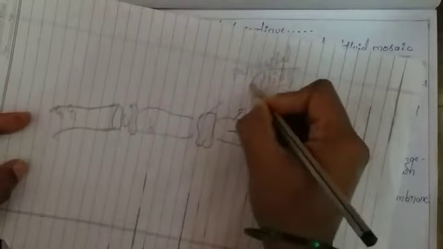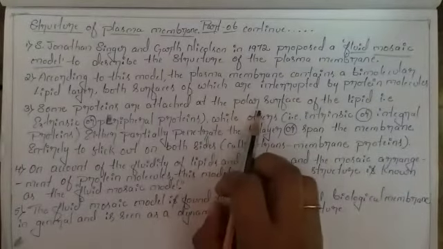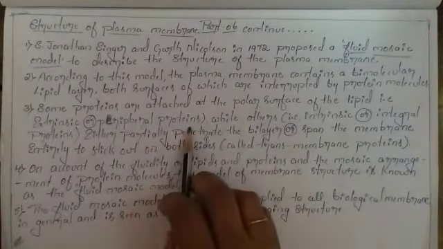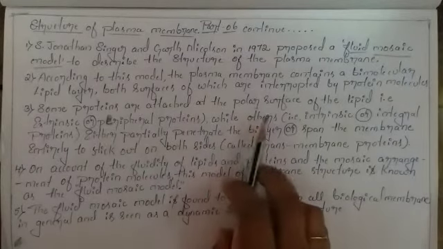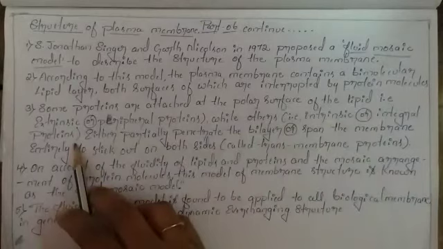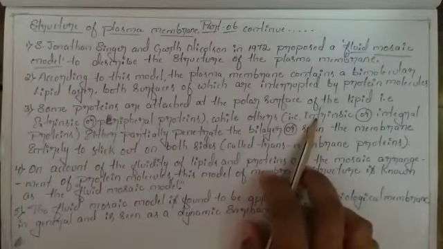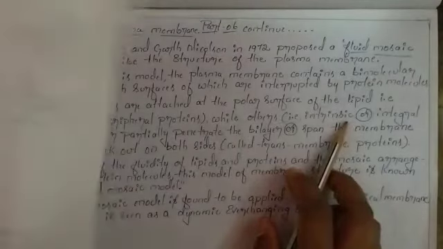Peripheral proteins are the extrinsic proteins, while the others, the intrinsic proteins, are the internal proteins. We also call them integral proteins.